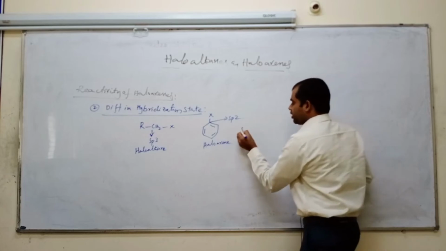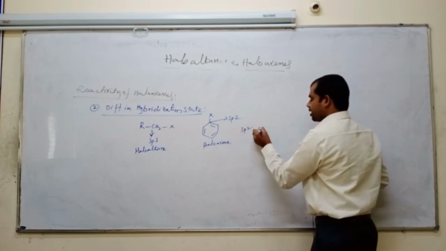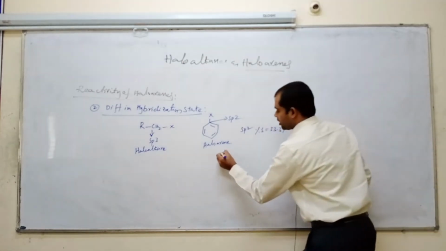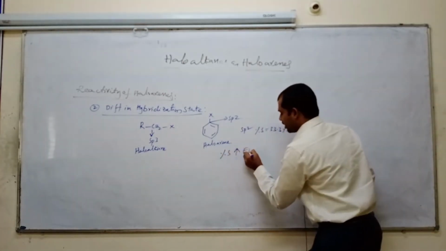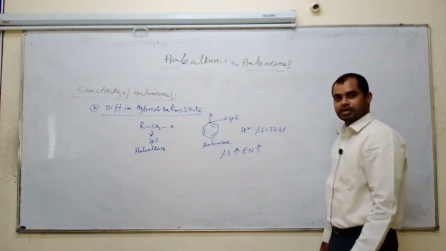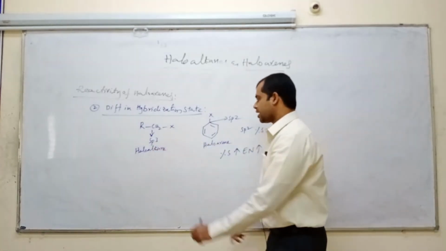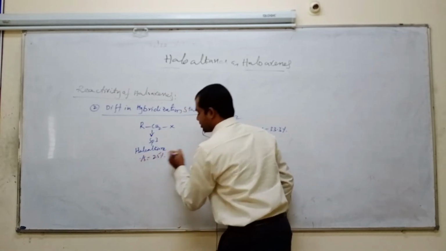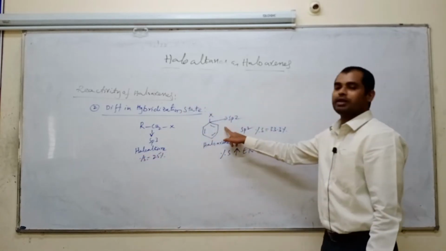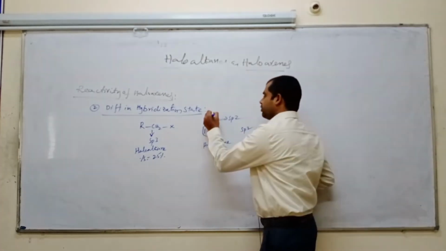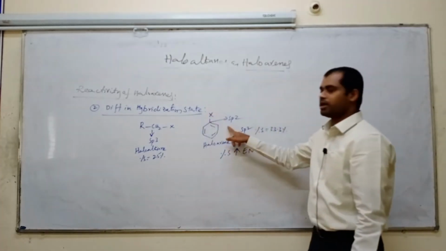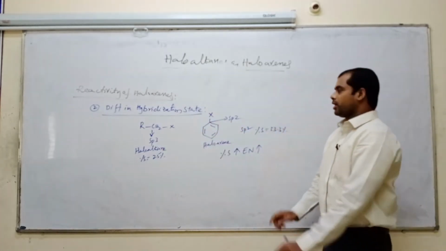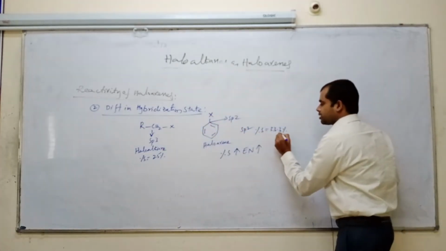In sp2 hybridization, the percentage of s character is higher, 33.3%. As the percentage of s character increases, electronegativity also increases. In sp3 hybridization, the s character is 25%. In haloarenes, the halogen is linked with benzene, so this carbon is sp2, with 33.3% s character.